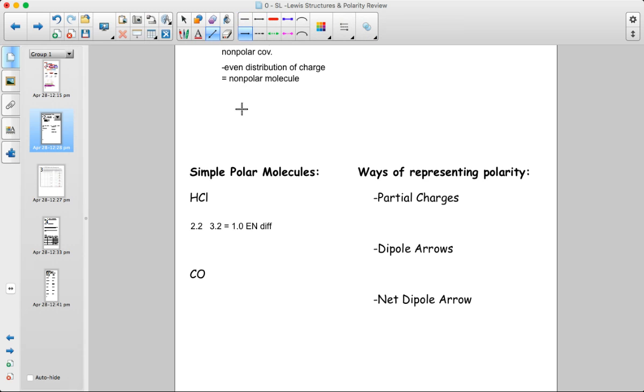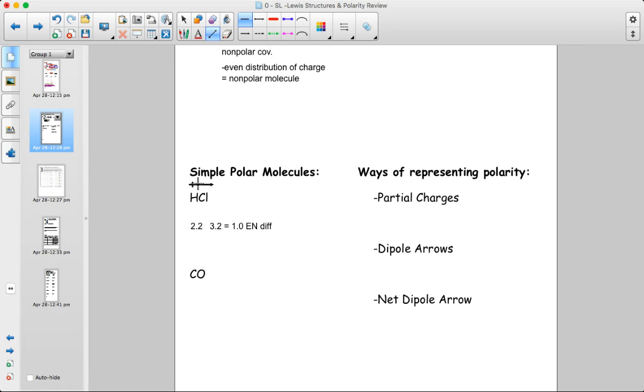So if we use one of these arrows, the dipole arrow would be drawn like this. Dipole arrows get drawn with a plus sign as their tail next to the element that has the partially positive charge, and they show where the electrons are being pulled, and so this chlorine would have a partially negative charge. So there's different ways to represent polarity.